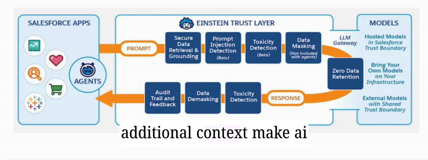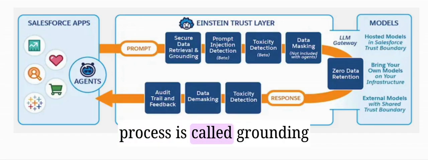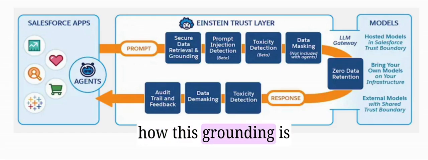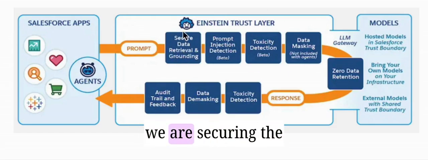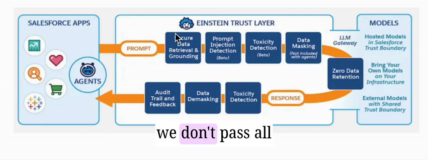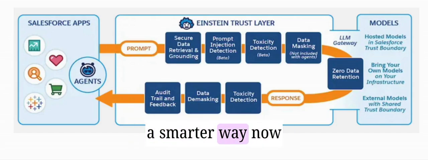This additional context makes AI smarter. This process is basically called grounding. You can see we are securing the data retrieval and grounding is being done. So we don't pass all the information, we pass the information in a smarter way.